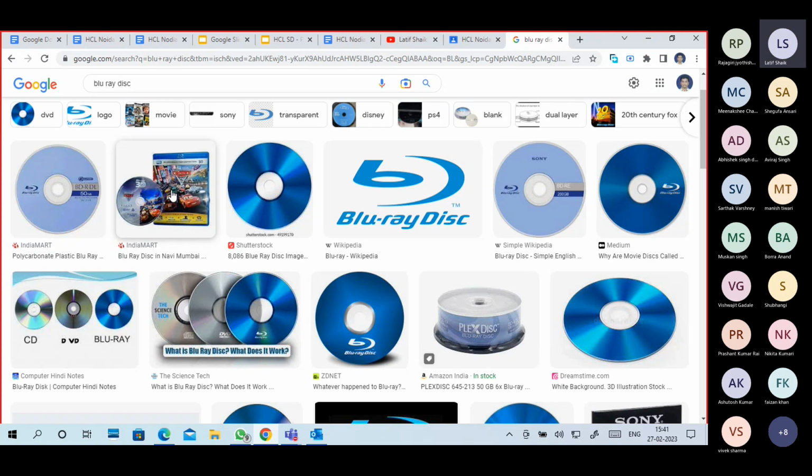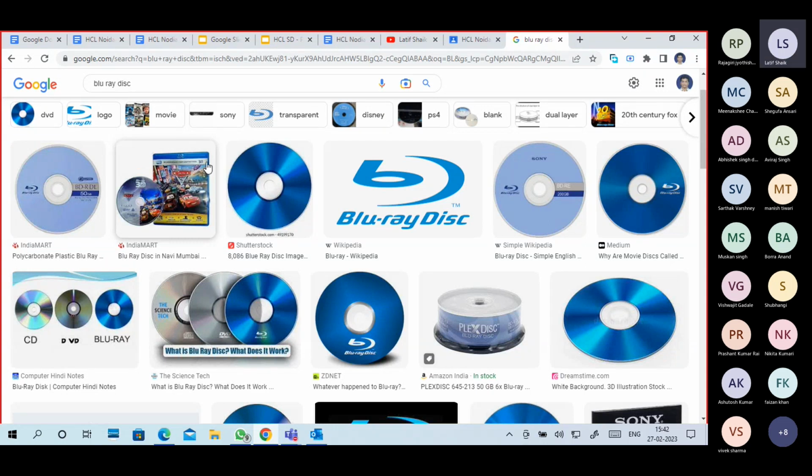Why? Because Blu-ray is costly. Again, I have to maintain a Blu-ray writer, which is also costly. To transfer data, the other person also requires a Blu-ray disc reader, at least. So we don't use Blu-ray, and that's why Blu-rays are not popular in the market.